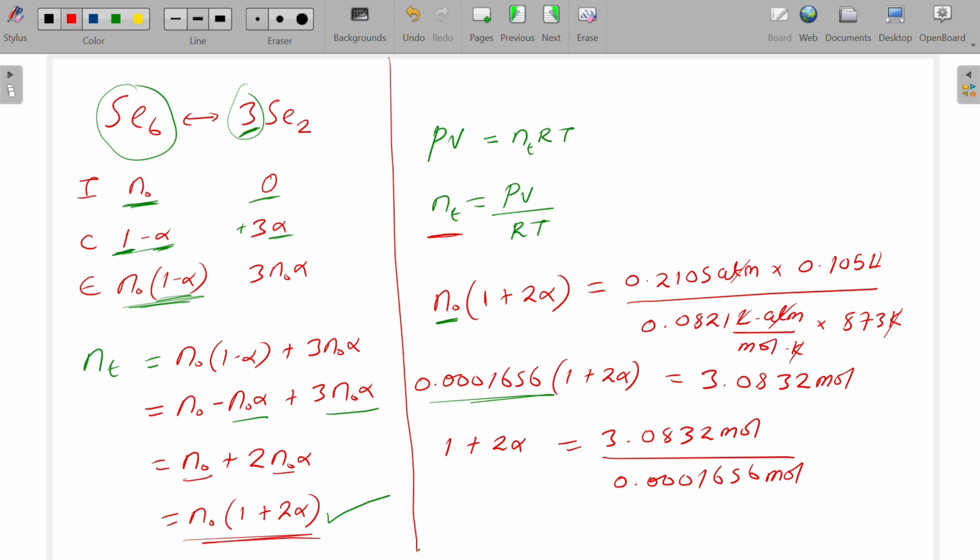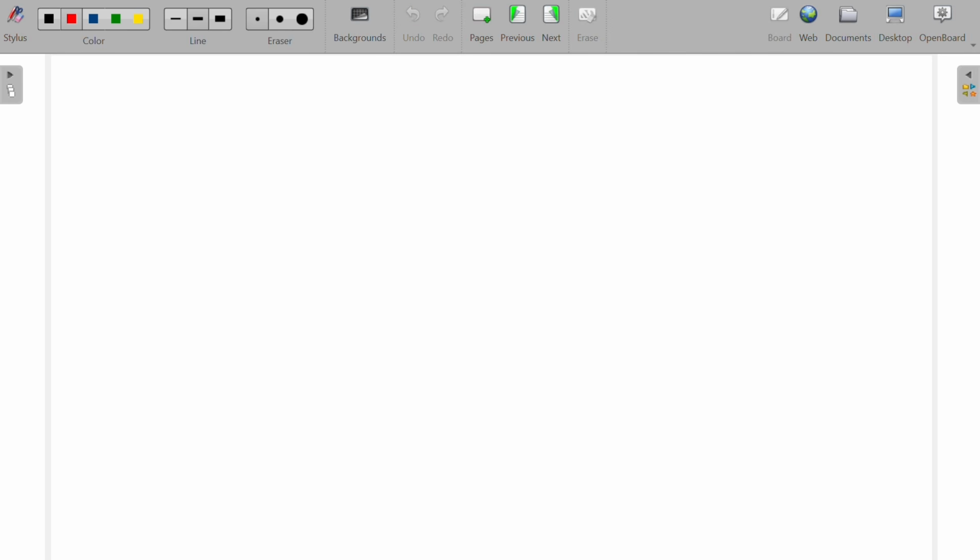All we have to do again is punch our calculators and see what we are getting. So now 1 added to 2 alpha is equal to, when we punch our calculator, we must get 1.8618. So that's what we are supposed to get.